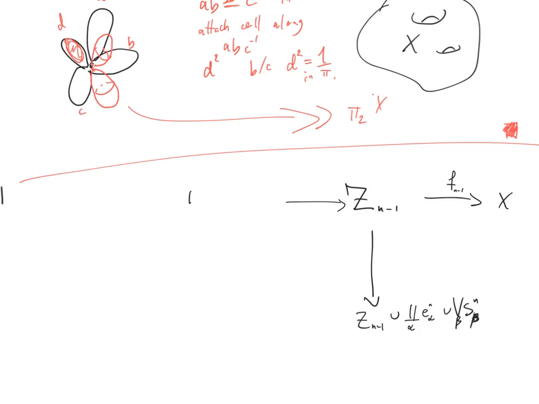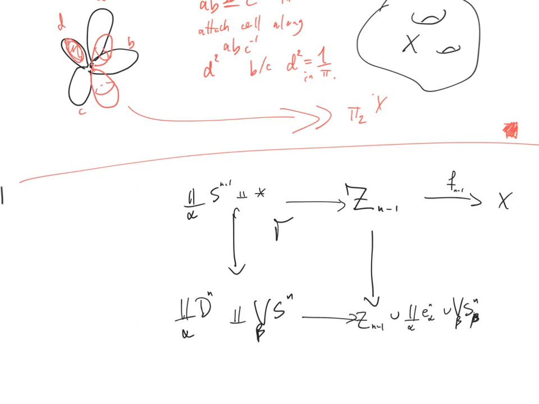So I have this big disjoint union of S n minus 1s and a base point. This is the base point for the wedge, and these guys are including into this big disjoint union of D n's over alpha, and the wedge of S n over beta. And so by gluing, we get these two maps into the bottom right corner.